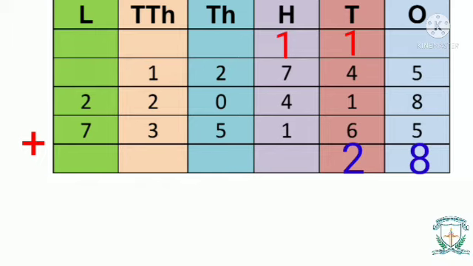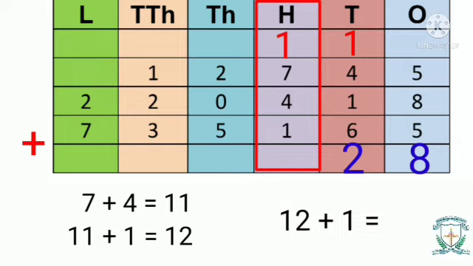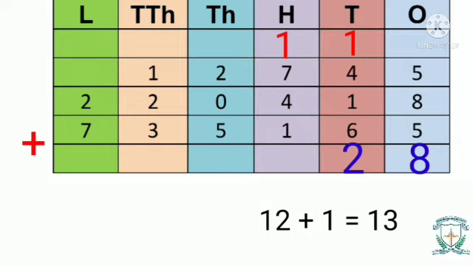Now, add the digits in hundreds place. That is, 7 plus 4 is equal to 11. 11 plus 1 is equal to 12. 12 plus 1 is equal to 13. Write 3 in hundreds place and carry forward 1 to the thousands place.